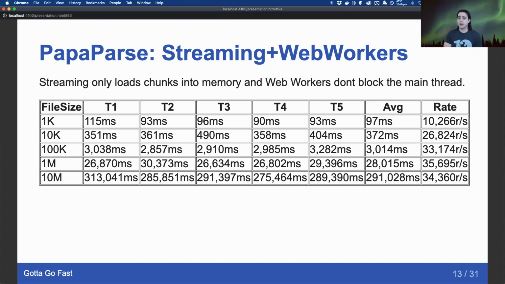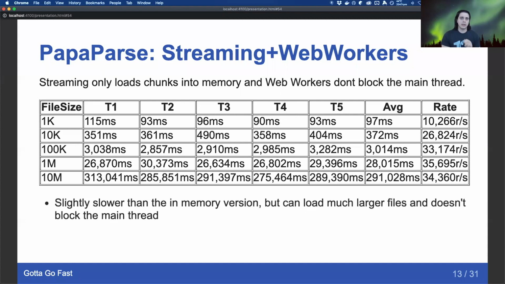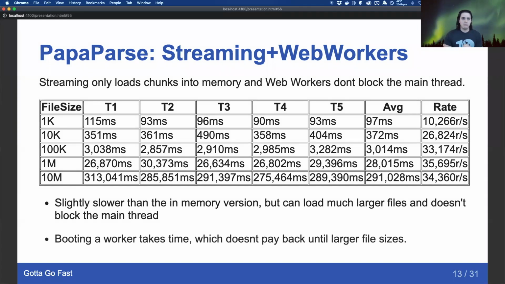But we could process files up to that 10 million, and we eventually did try a 30 million record file run, and they did process successfully. So again, it was slightly slower than the in-memory version, but it could handle large files and didn't block the thread. Booting the worker took a little bit of time, which is why you see it's almost half as fast as the in-memory call on the smaller files, because we're not amortizing that time over a larger file.